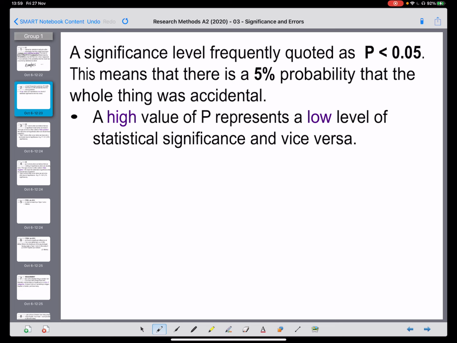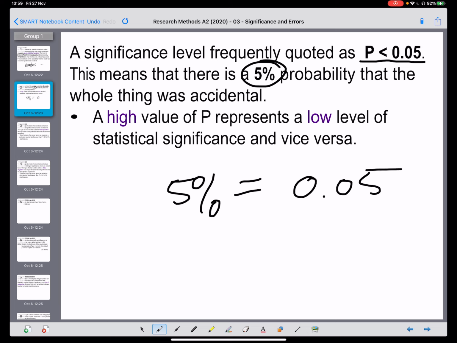We often quote the significance level in terms of a probability. We see, for example, P is less than 0.05. This is where we have to have some kind of maths, because we know that 5% is equal to 0.05 as a decimal. So we need to recognize that 1 is 100%.